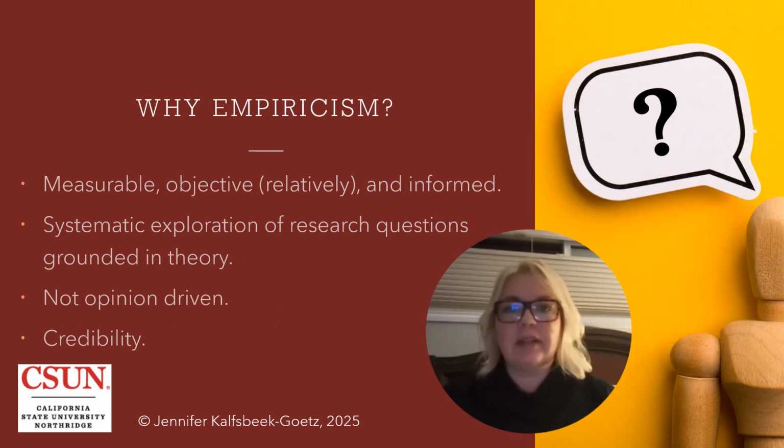So first, let's talk about that first objective, which is why empiricism? Why science? First of all, this type of study is measurable. It's objective, and I put relatively in parentheses because anything with human beings is going to have its subjectivity. But the goal is always to be more objective, and it's informed. We'll talk about things like double-blind studies in medicine.